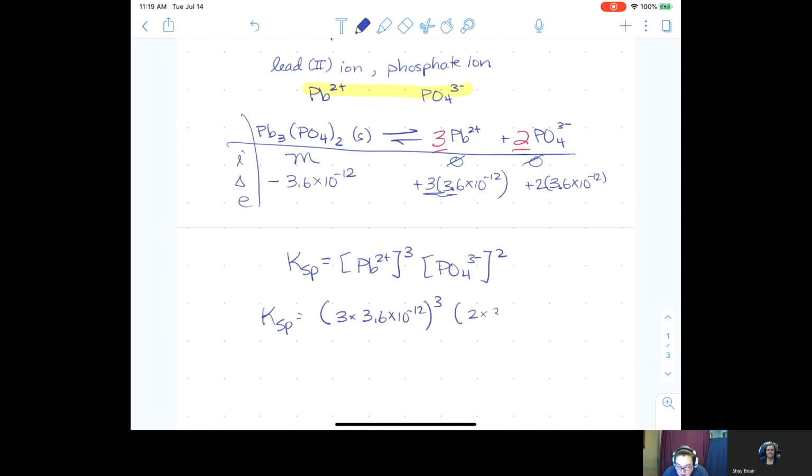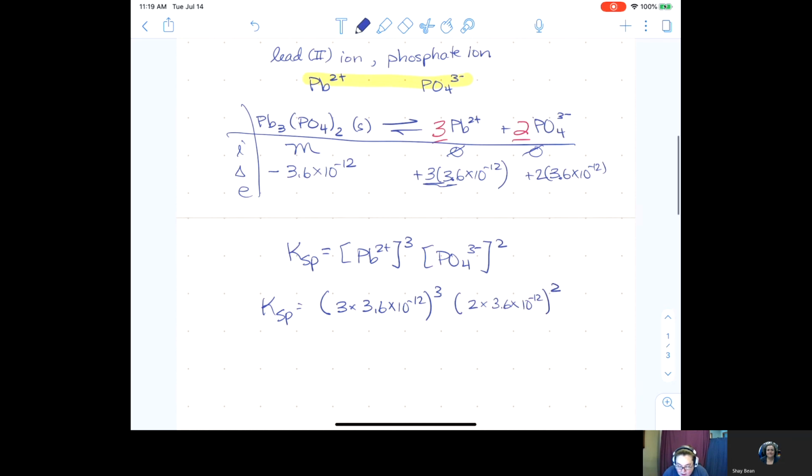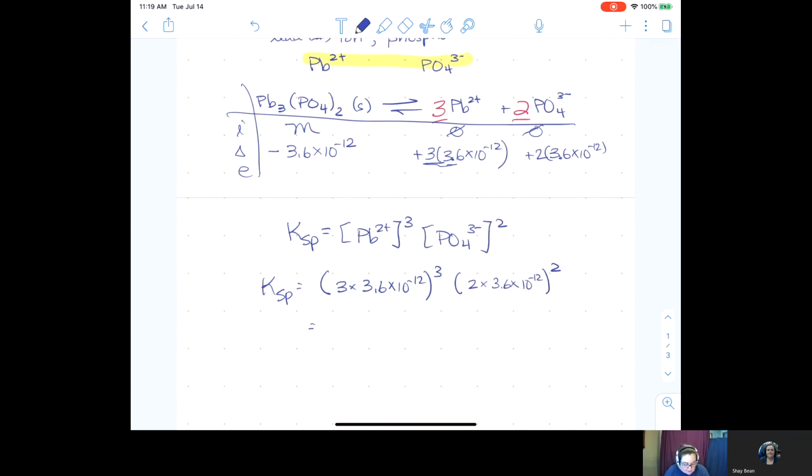And then 2 times 3.6 times 10 to the minus 12, and that's all squared. And so let me punch this in. You guys double check my math and please post if you find a mistake. That is to the third. This is a good time to make sure that you know where to find raised to the third on your calculator. Times 2 times 3.6 times 10 to the minus 12th, all squared.